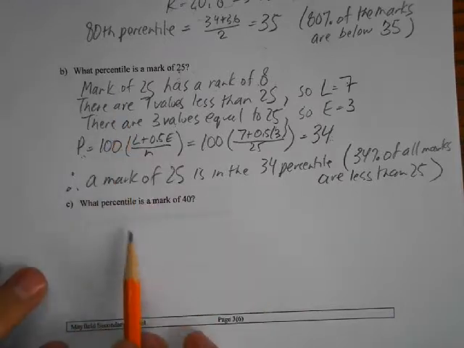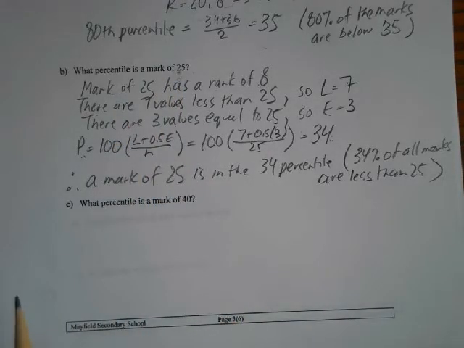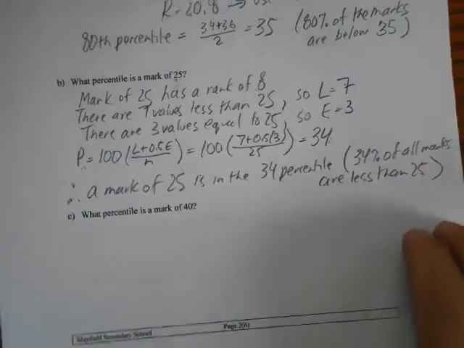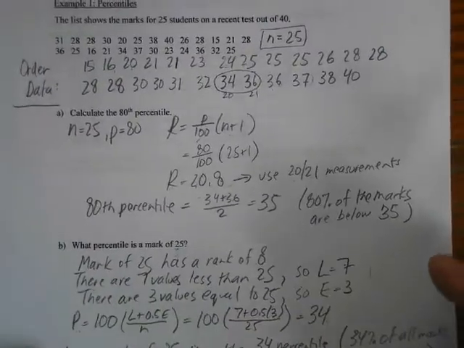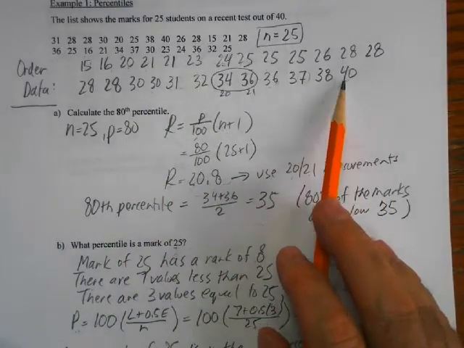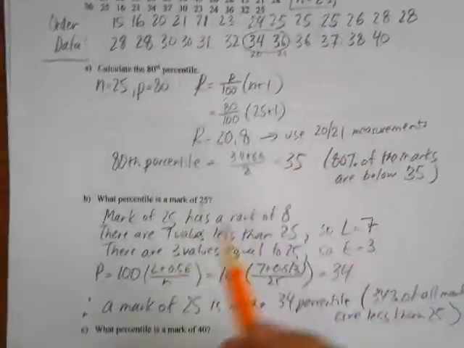We've got a very similar question here, except instead of wanting to know the percentile for a mark of 25, we want it for a mark of 40. So very similar. If we go back to our list, we're looking for 40, and 40 was that perfect mark. So we know that's the 25th mark.